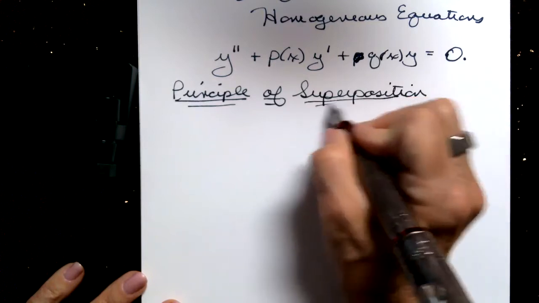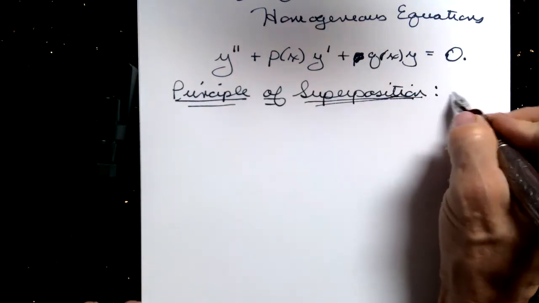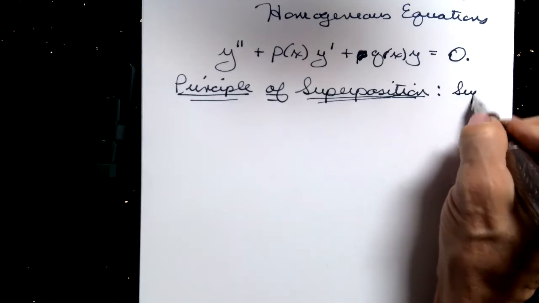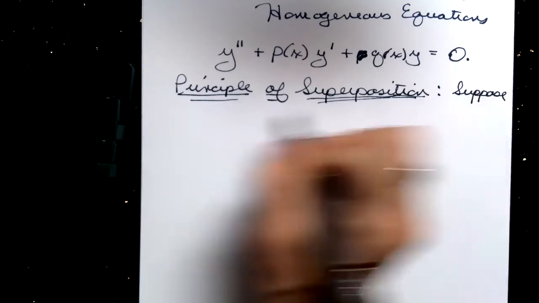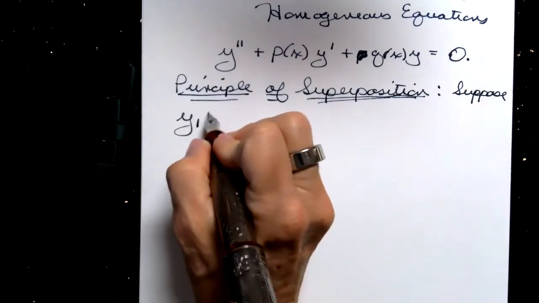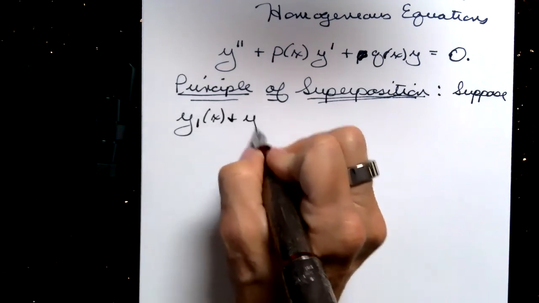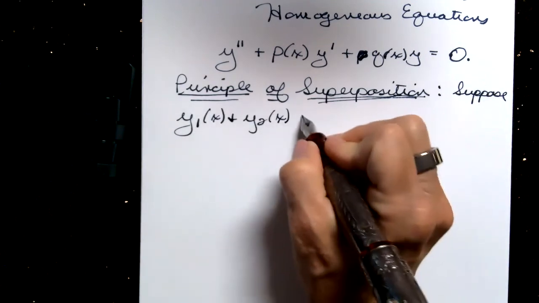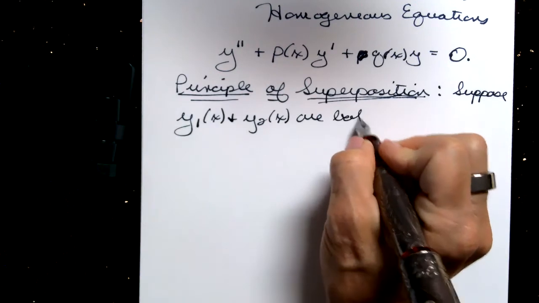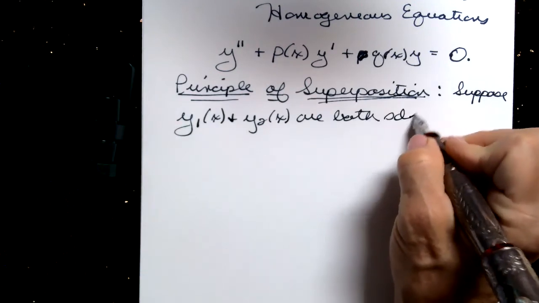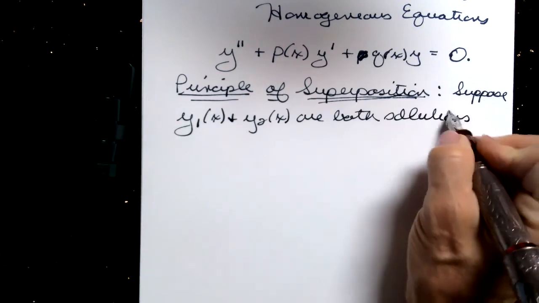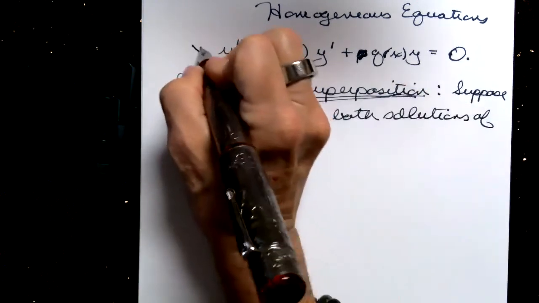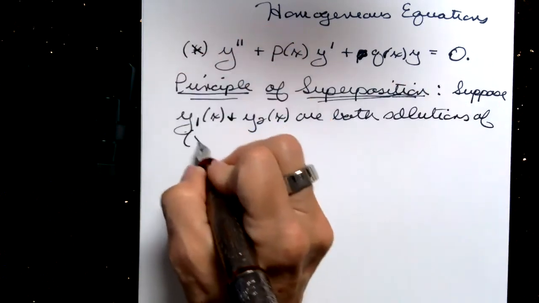And what in the world does that mean? What it means is, suppose you have two solutions. Let's say y1 of x and y2 of x are both solutions of, let's call this equation star, asterisk.